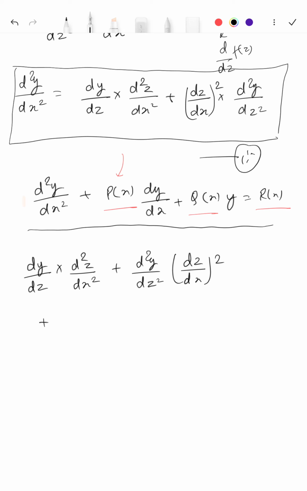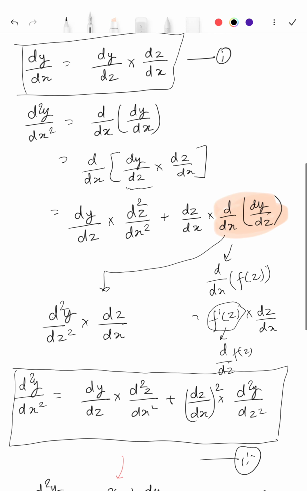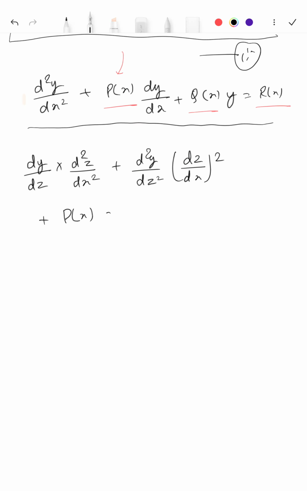For my p of x, let that be p of x now, we will substitute it later. What is dy by dx? My dy by dx was dy by dz into dz by dx, plus q of x times y is equal to r of x.